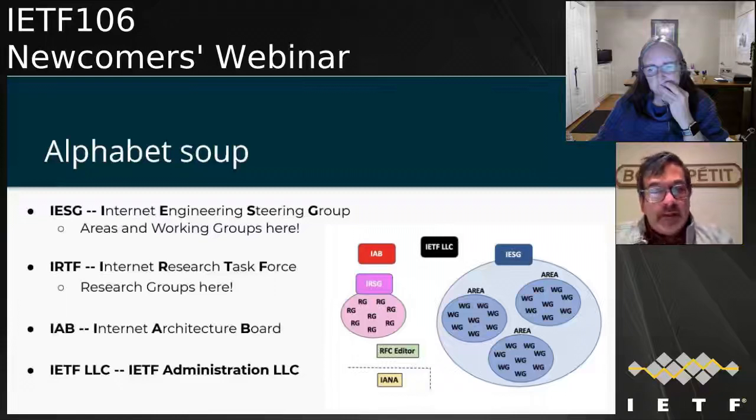The LLC, the black square on the top. First, the IAB, the red square above, has general oversight of the other areas, and the LLC is the legal entity that runs and hosts all of these other things. It didn't used to be a legal entity.